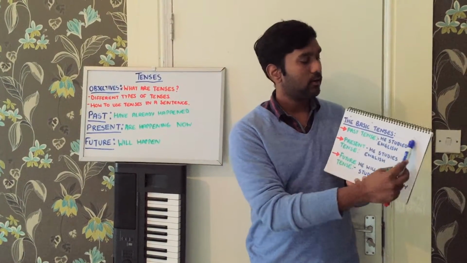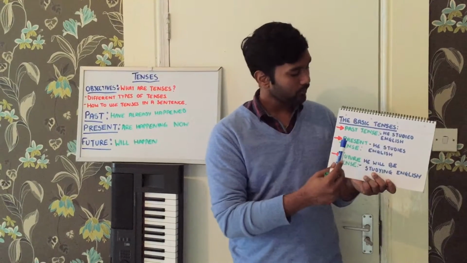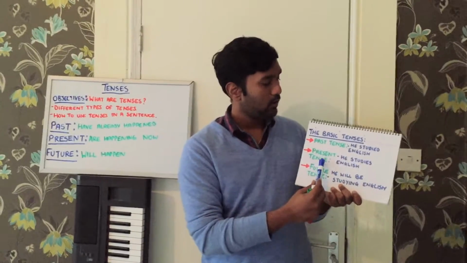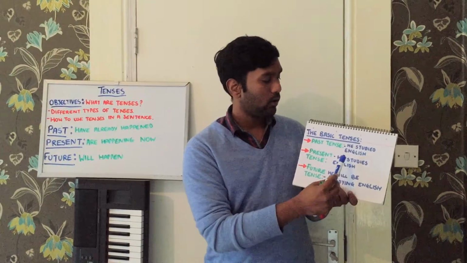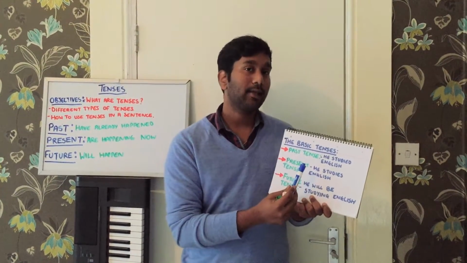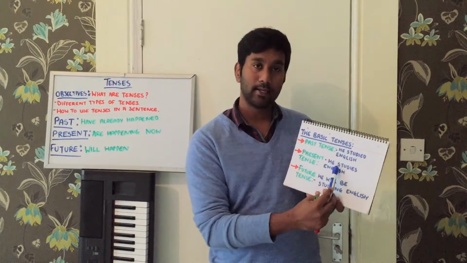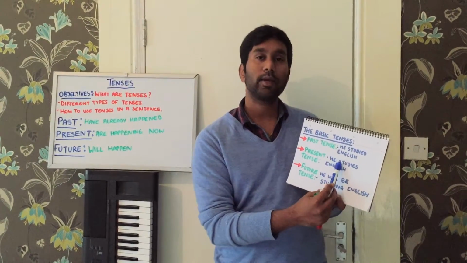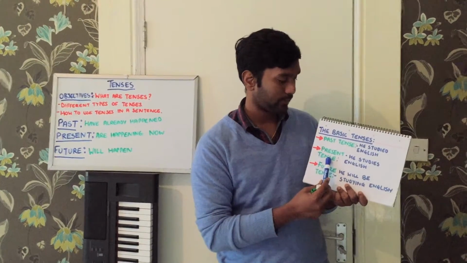So this sentence is past tense. And the present tense, he studies English. So here we can see again that the action here is studies. So he is doing it at the moment. So this is present tense.